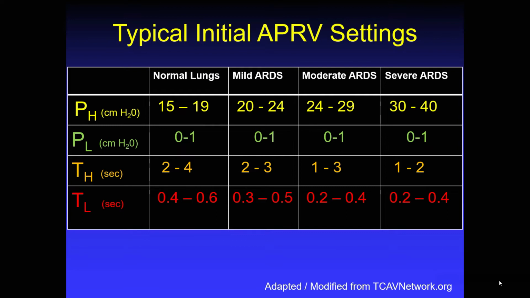Indeed, in Zhao's 2017 study, the Western China randomized prospective trial in which APRV showed benefit over low tidal volume ventilation, their protocol actually called for a P low of 5.